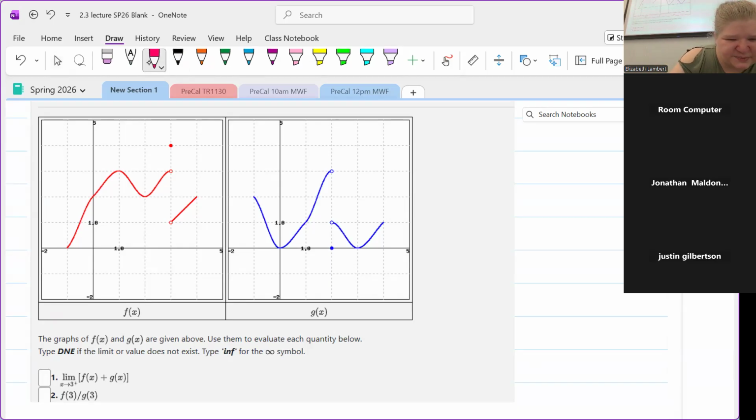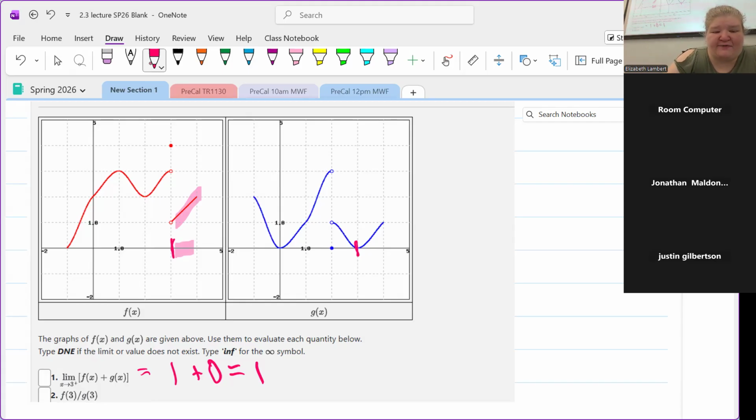All right, so as x approaches 3 from the right, f is approaching 1, and then g is approaching 0. So the limit as x approaches 3 from the right is 1.